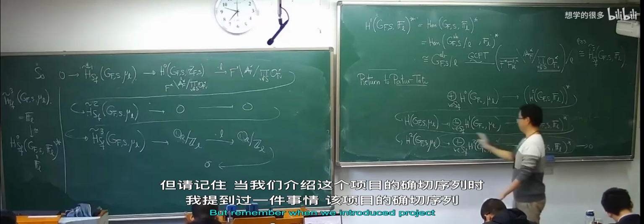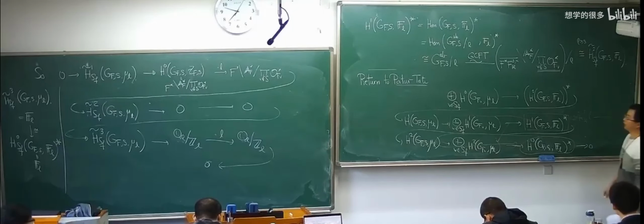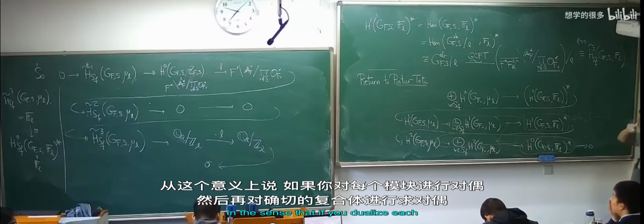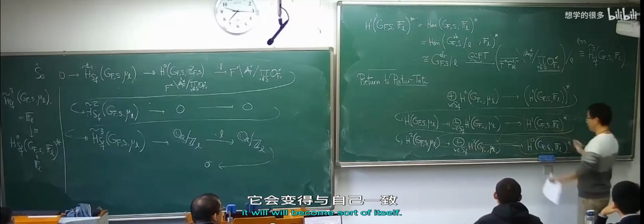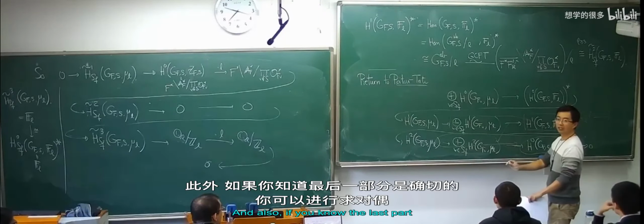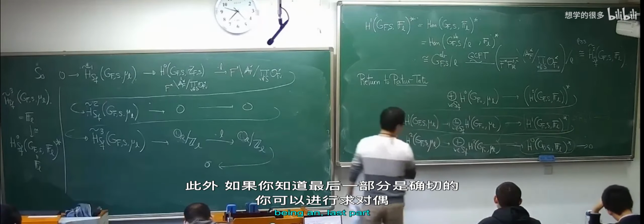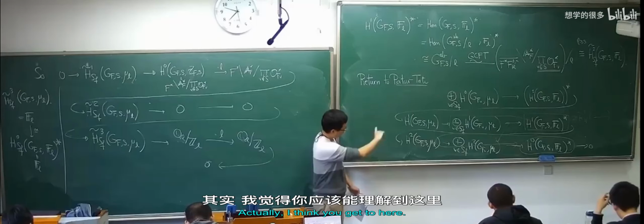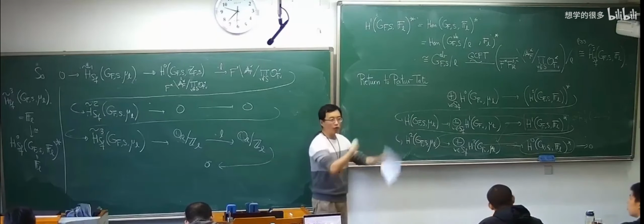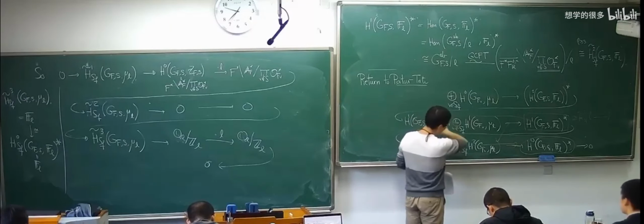But remember, when we introduced the partial exact sequence, I said that it is self-dual, in the sense that if you dualize each of the modules and then dualize the exact complex, it becomes itself. So if you know the last part being exact, you can dualize it, and you show the previous part being exact.